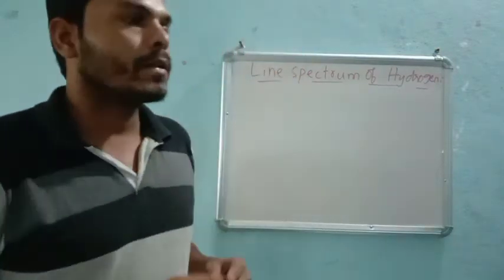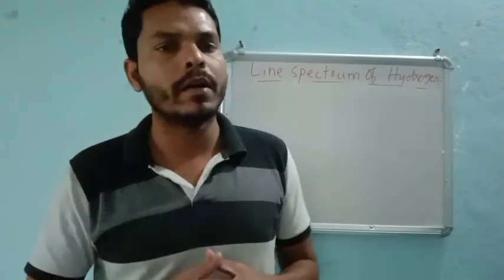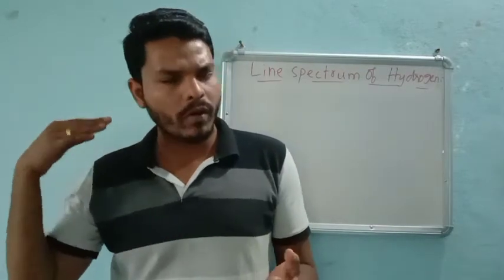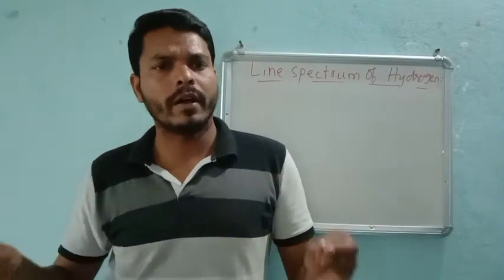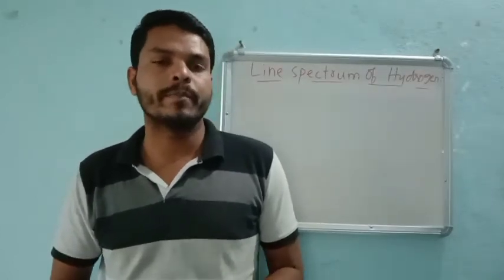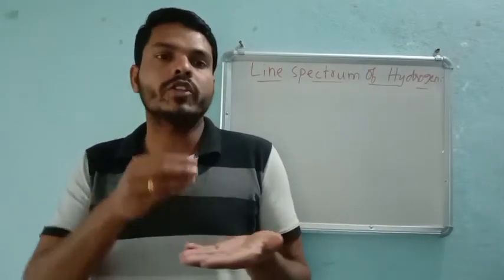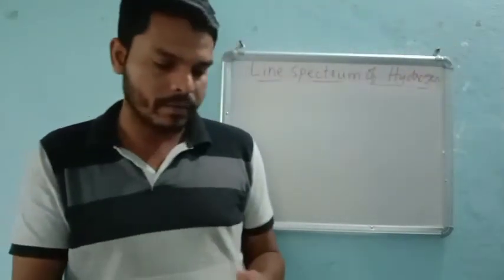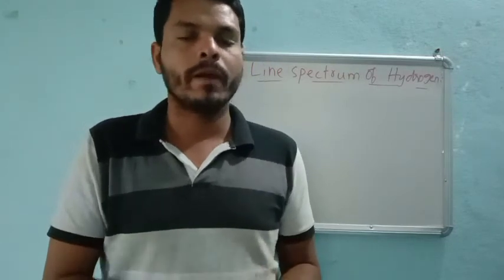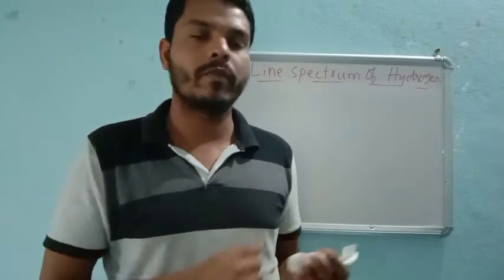See, dear students, when we burn any matter, from cloth to wood, anything, definitely what we see is a formation of color, right? If I burn this thing, what type of color it will give, we don't know. It depends on its wavelength, right?